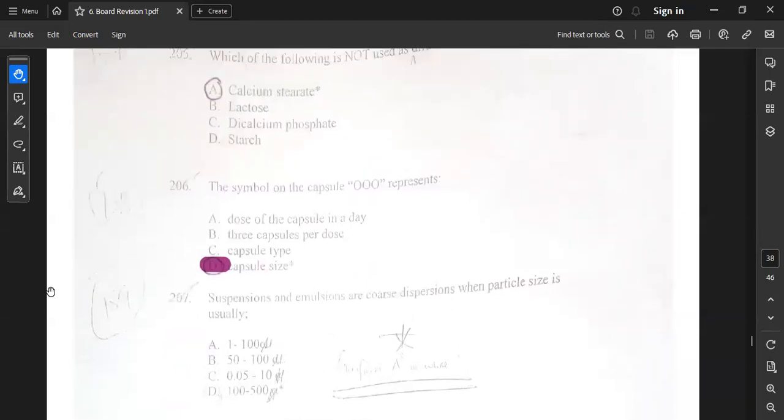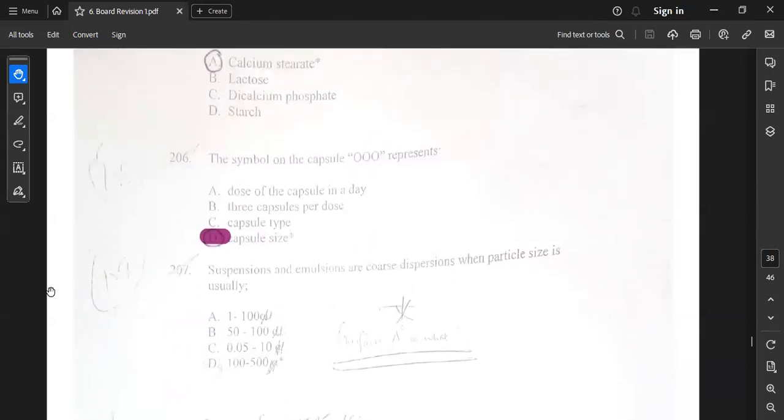So number 207. Suspensions and emulsions are coarse dispersions when particle size is usually which one?